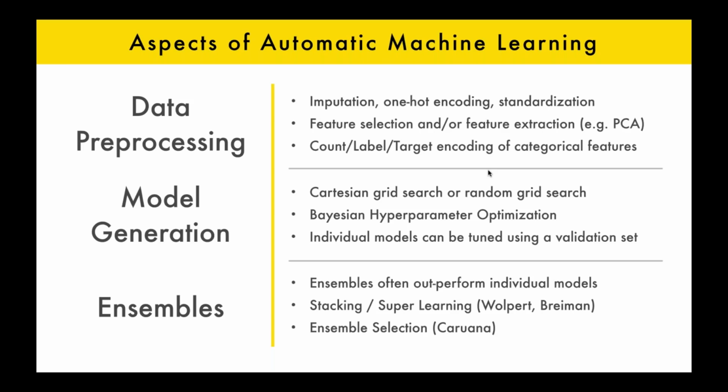So then the last thing, ensembles. There's different types of ensembles. The simplest type of ensemble would be to average models together, which is what you have in a random forest, for example. But the type of ensemble we'll talk about today is stacking or superlearning. Those are two words for the same thing.